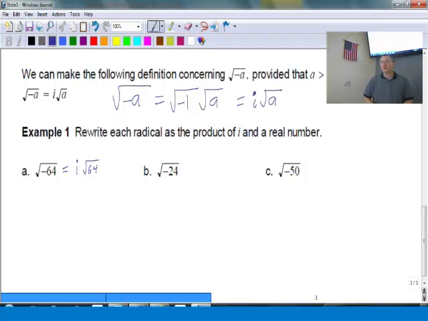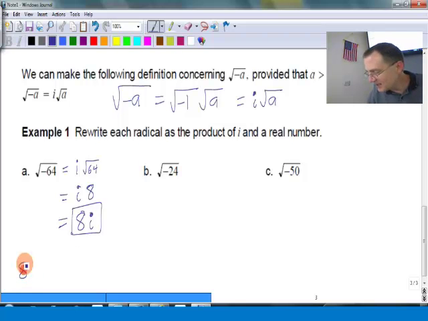What's the square root of 64? 8. So this is i times 8, or it's 8 times i. I like 8 times i better. Does it make sense that 8i should be regarded as the square root of negative 64?